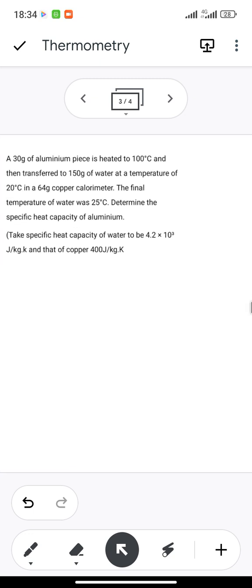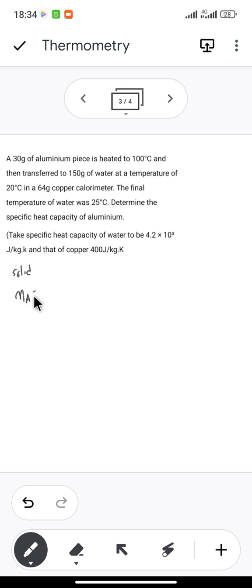All right, let's tackle this question. Now, it said a 30 gram aluminium piece. So we have aluminium, right? Aluminium is our solid. So let's say the mass of aluminium is 30 gram. Is heated to 100 degrees Celsius.